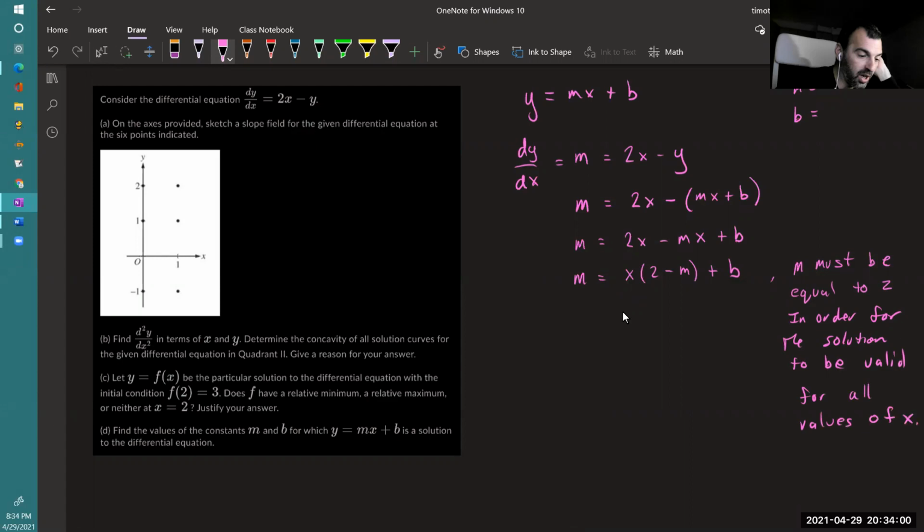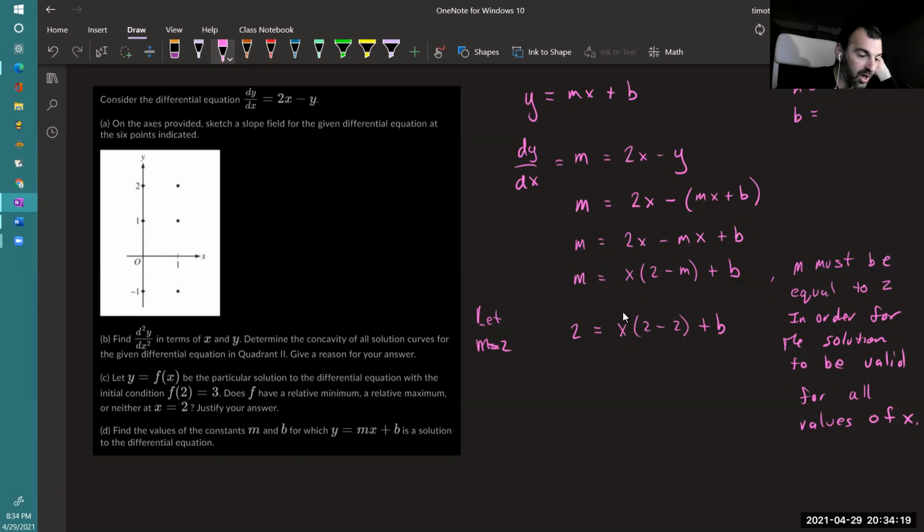That's my justification here. Because now, if I let m equal 2, I'm going to write that 2 equals x times (2 minus 2) plus b.